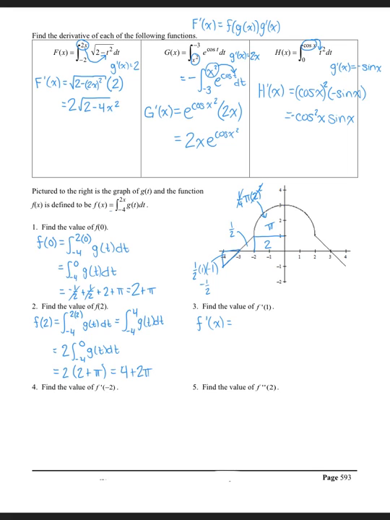To find the derivative of this integral, remember you plug in your g of x into your function. So I would have g of 2x times the derivative of 2x, which is 2. So this is f prime of x.